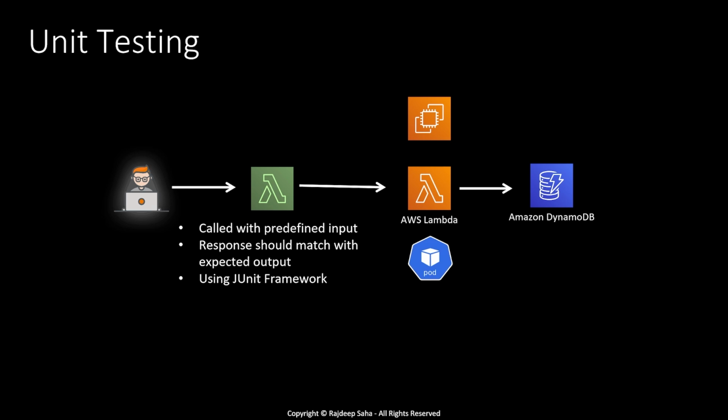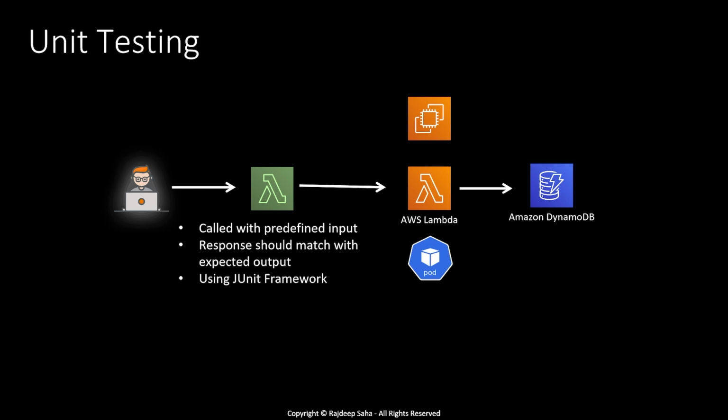And to do this, you will utilize some sort of testing framework such as JUnit framework. And in this JUnit framework, you will tell, hey, call this application code with this input, and the output should match this exact output I'm giving you, or it should be one of the outputs that I'm giving you in the program.